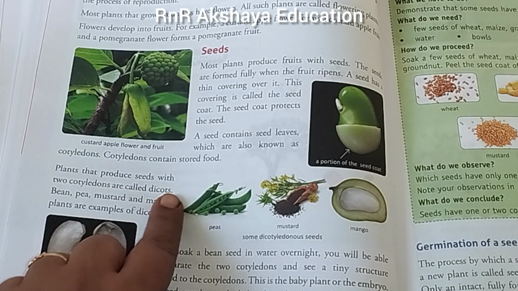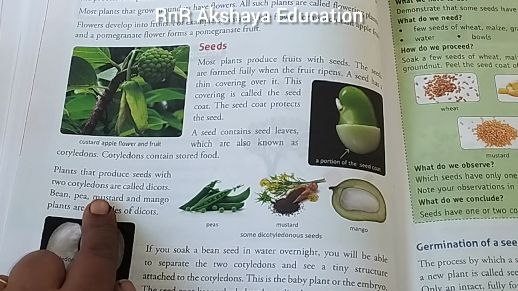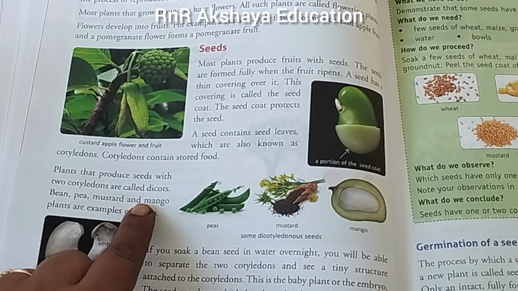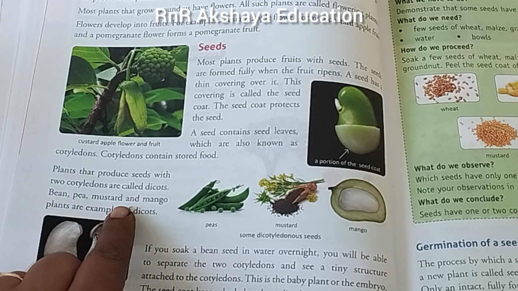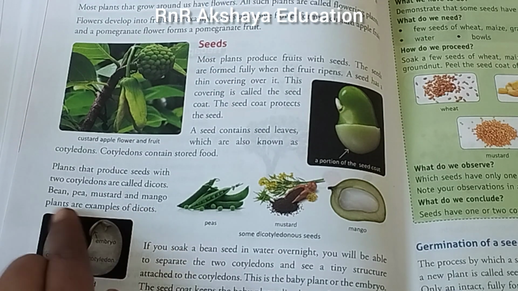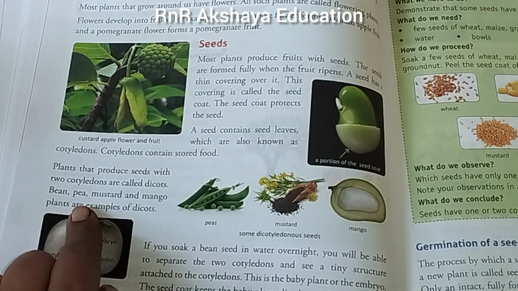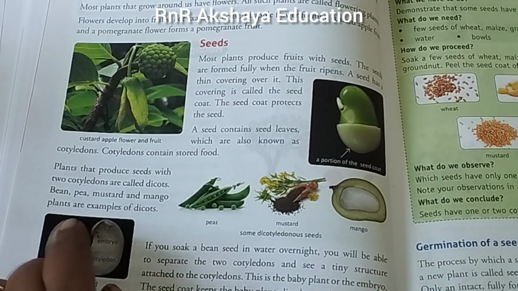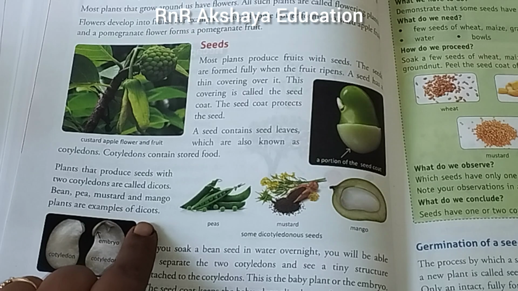Plants that produce seeds with two cotyledons are called dicots. What are examples of dicots? Bean, pea, mustard and mango plants are examples of dicots.